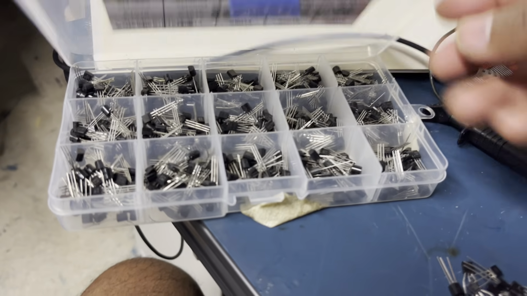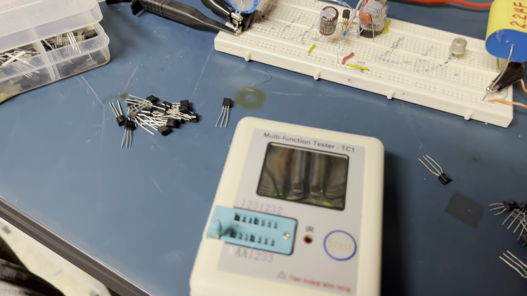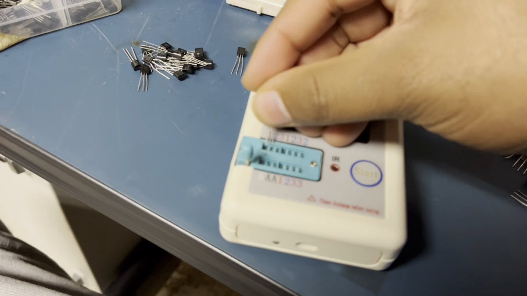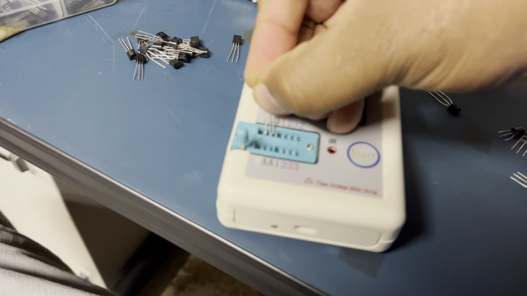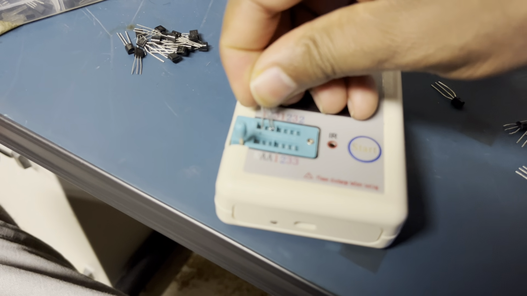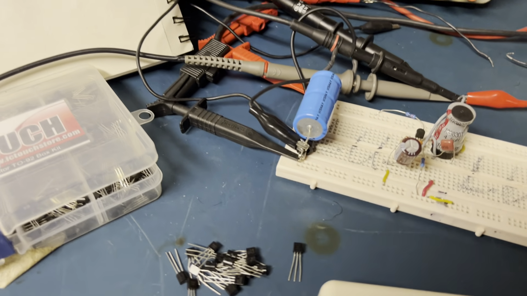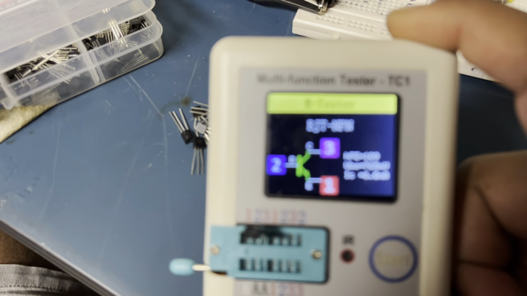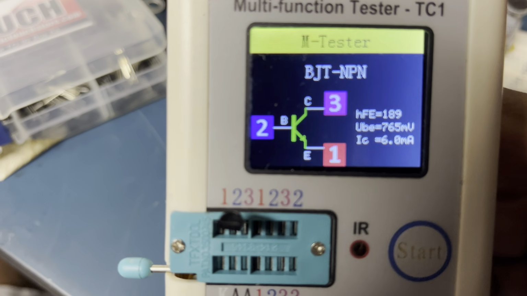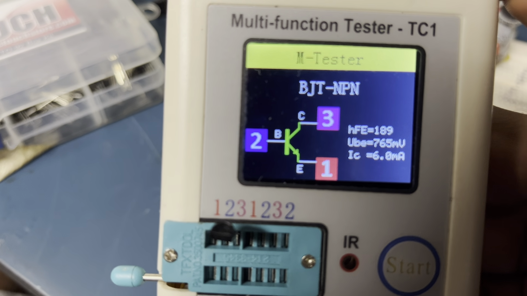Okay, so if I just quickly grab it, I'm actually curious to pass it through one of these testers that you get on eBay. I'm just going to put it here, and I want to see how much gain it has. It's supposed to have high gain as well. It has a gain of 189, right? So what does the data sheet say?